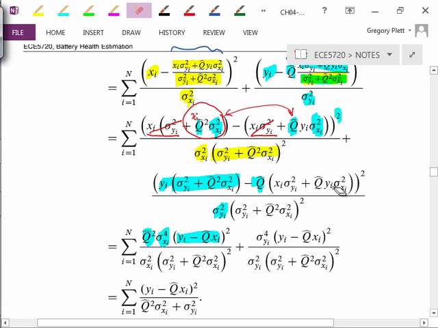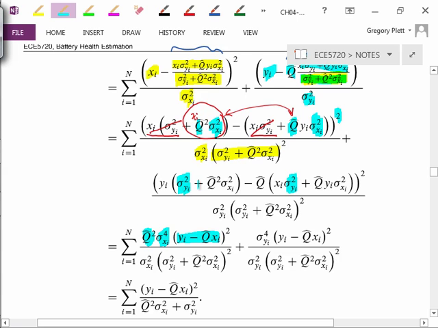And we did something similar here, I believe. Let's have a look. So I've got a yi sigma yi squared, which is going to be combined with the minus qxi times sigma y squared.